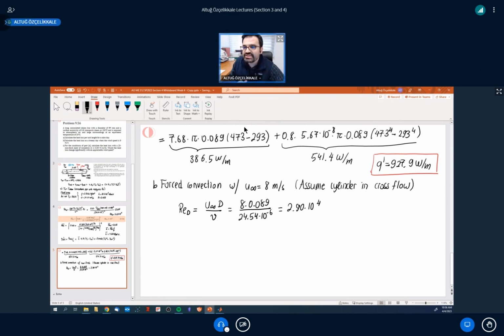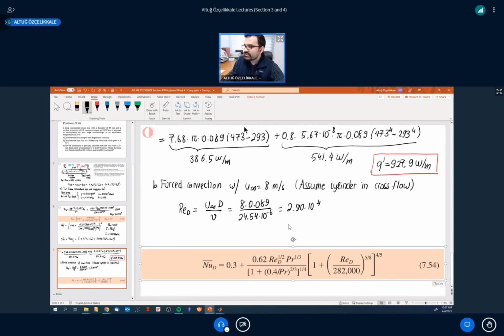So you can go ahead and check whether that is laminar or turbulent flow. It's less than the critical Reynolds number for cylinder in cross flow. But what's important is that we know how to calculate the Nusselt number for that configuration.